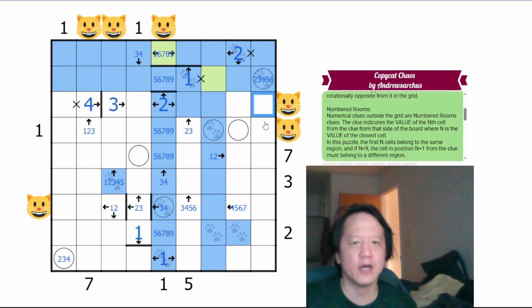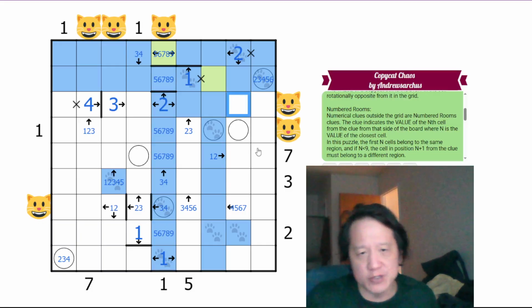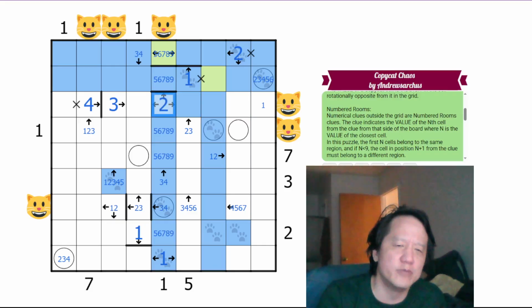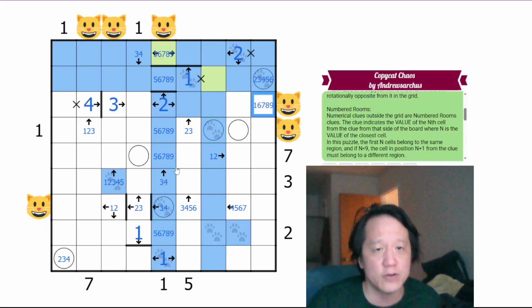Value of copycat cannot be 2. Could be 1, could not be 2, 3, or 4, or 5. So it could be 1, 6, 7, 8, or 9 for the copycat value.